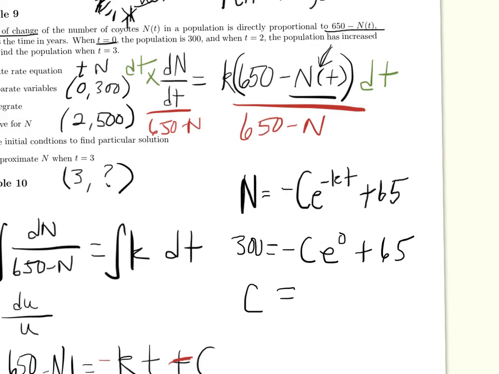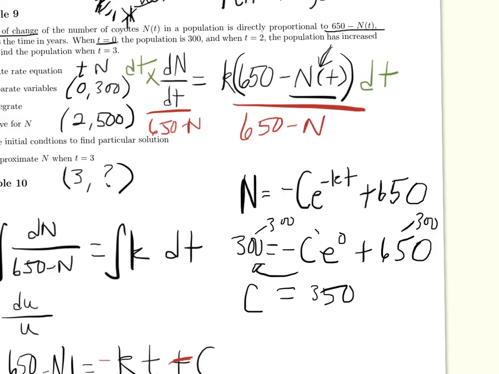I wrote that wrong, 650. So it's 350 after subtracting 300 from each side. Put this one on the other side so it's positive. So C is positive 350.